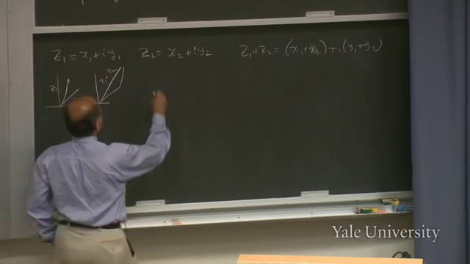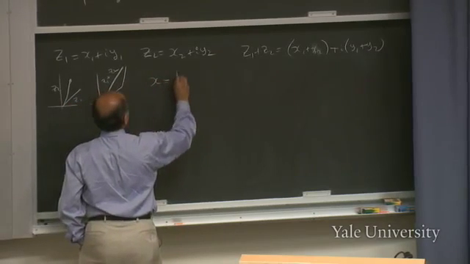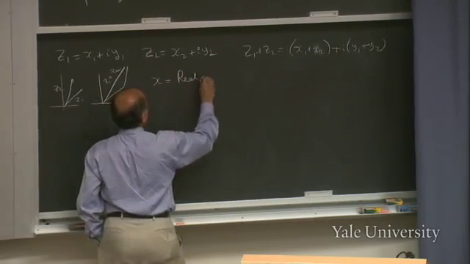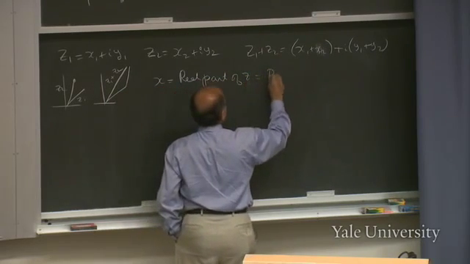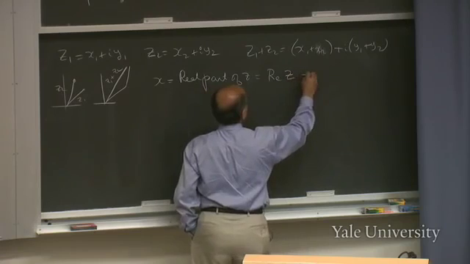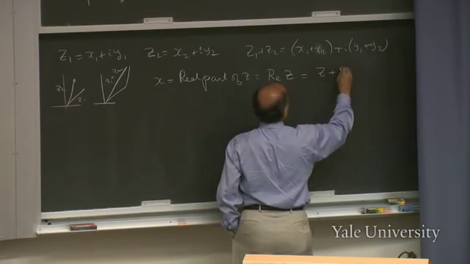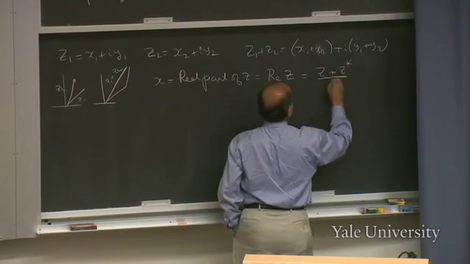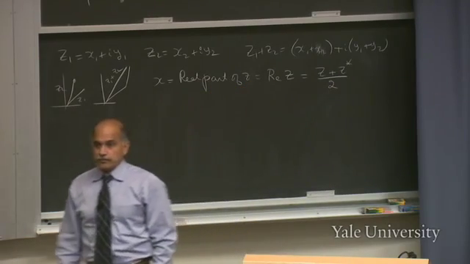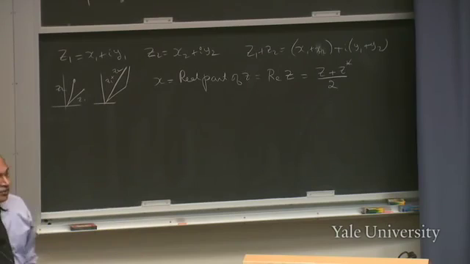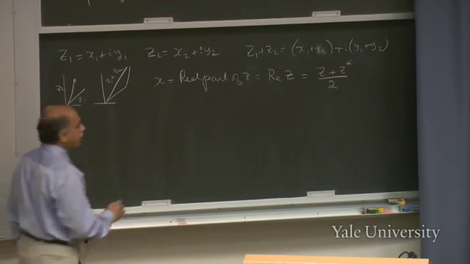In a complex number z, x is called the real part of z and is denoted by the symbol Re z. If you want to get the real part of a complex number z, you add to it its complex conjugate and divide by 2. Because you are adding x plus iy to x minus iy, you get 2x, and you divide by 2, you get x.